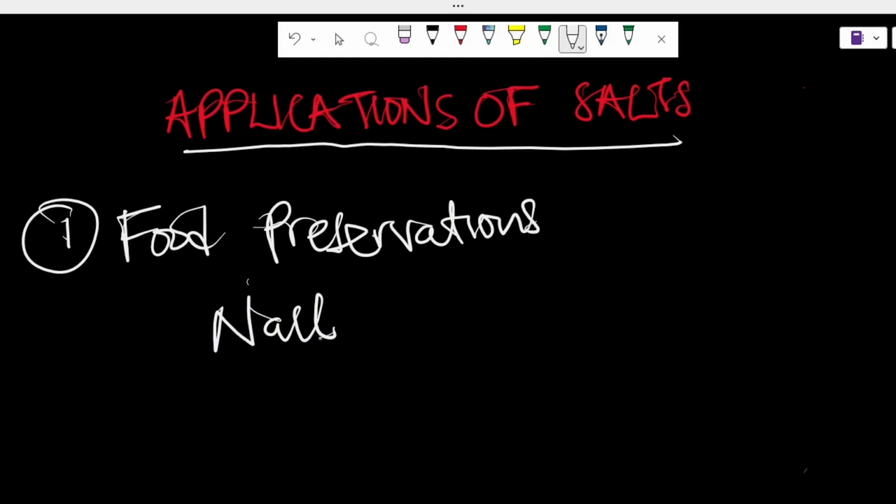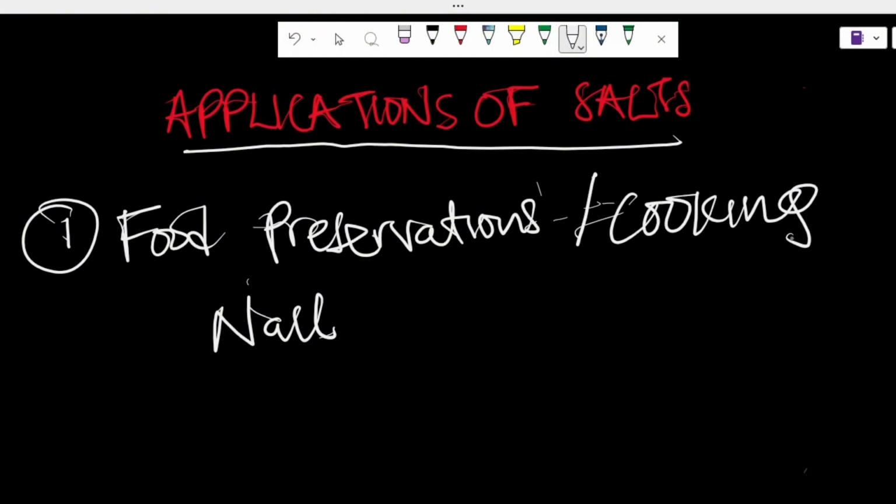If you haven't put salt in your food, usually it's not going to last for a long period of time. Usually, even when you catch fish, you apply salt because you know that salt is going to preserve your food. And also cooking would be one of the applications of salts.